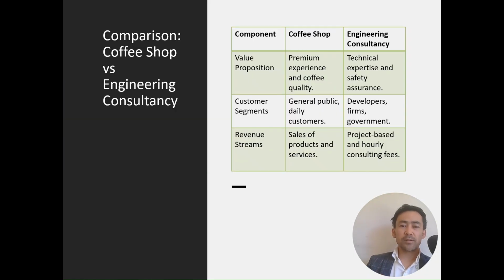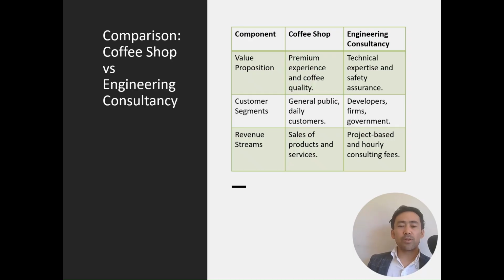Now that you understood two examples of a business model, let's compare the coffee shop versus the engineering consultancy. Of course, the components are the value proposition, customer segments, and revenue streams; we do not discuss the other six components here.